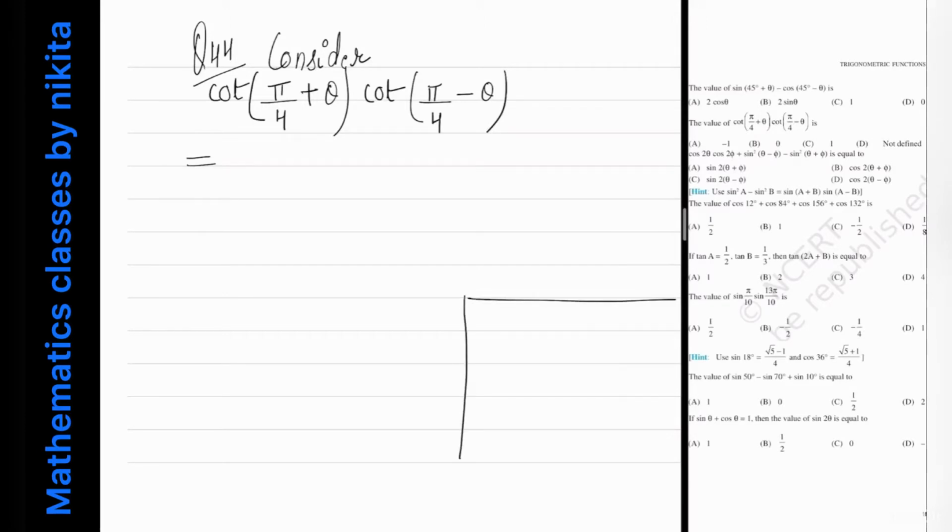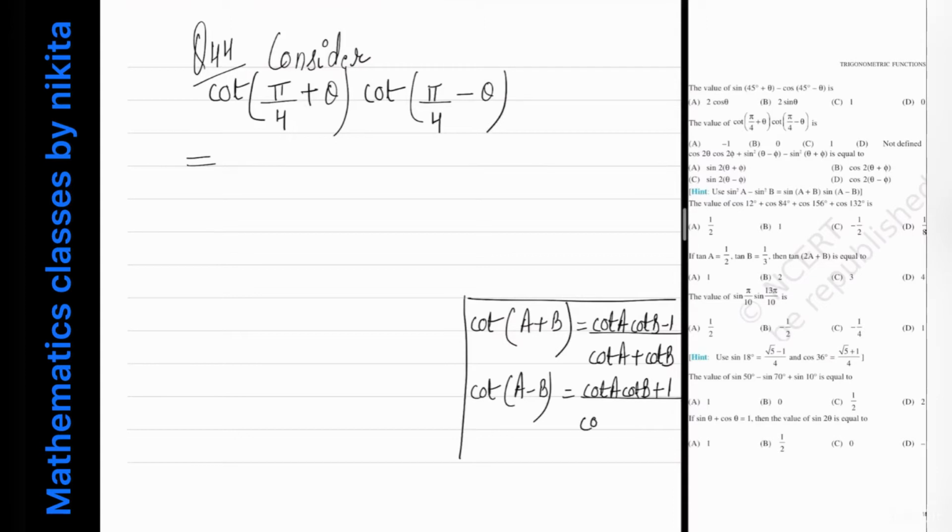I am writing here cot of A plus B is equal to cot A into cot B minus 1 divided by cot A plus cot B. Okay, and the formula for cot of A minus B is equal to cot A cot B plus 1 divided by cot B minus cot A. So very important to note here. जब A minus B होता है तो डिनोमिनेटर में cot B minus cot A आता है, ठीक है.